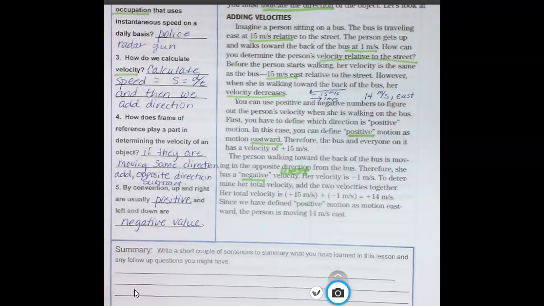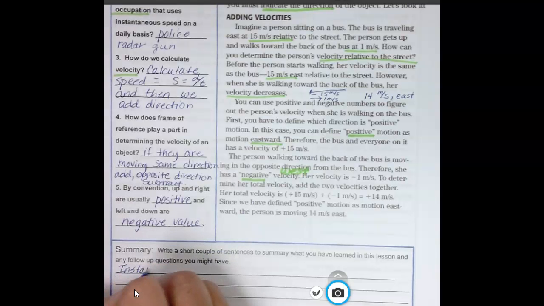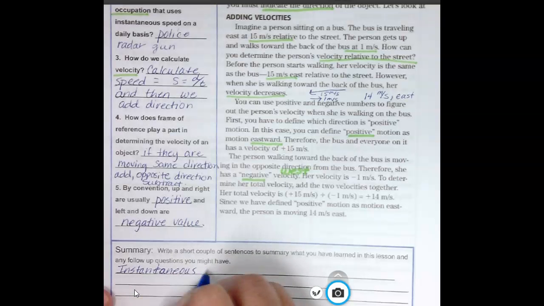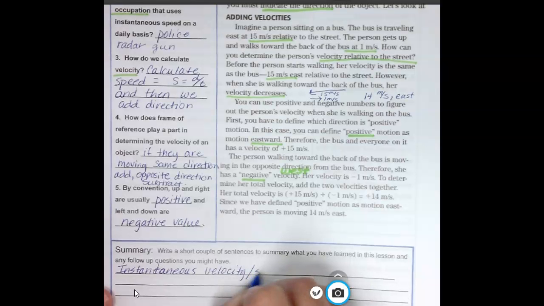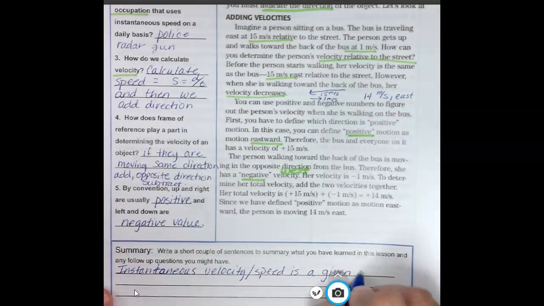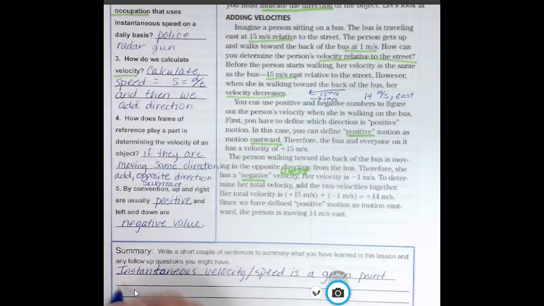So write a summary. I would say, to summarize, instantaneous, spell that right, I-N-S-T-A-N-T-A-N-E-O-U-S, instantaneous velocity, and I'm going to put or speed, is at a given point in time.